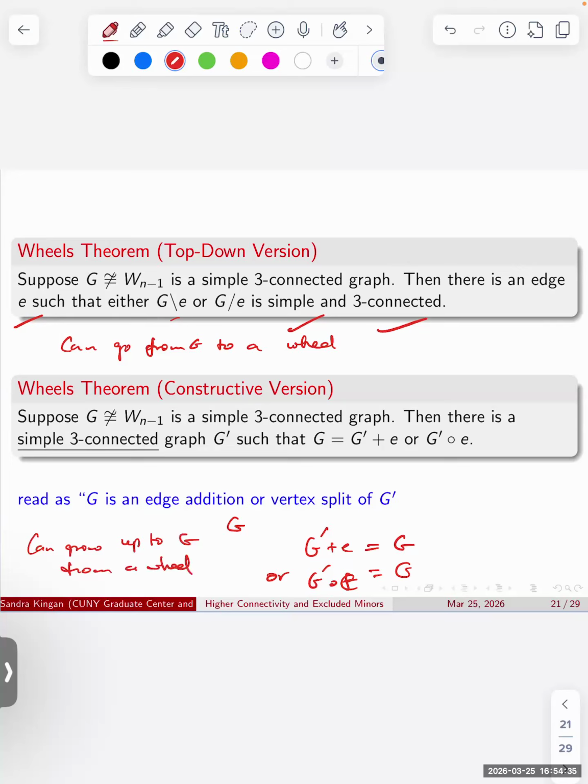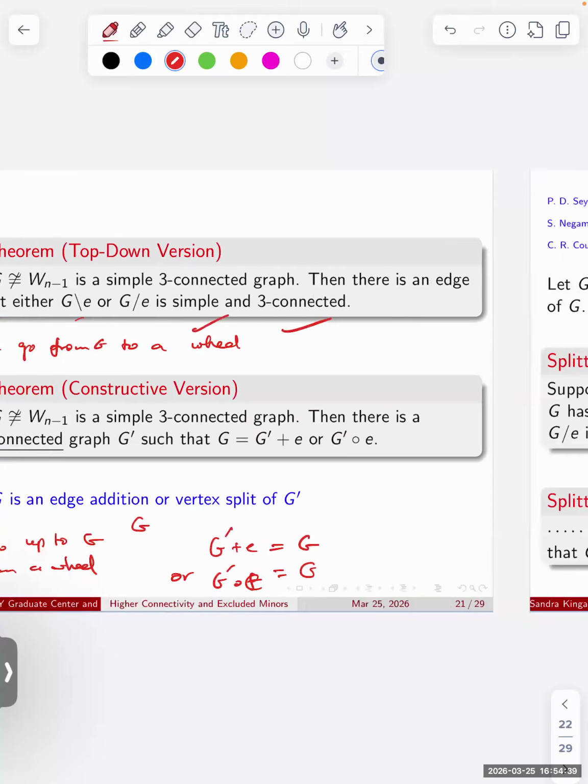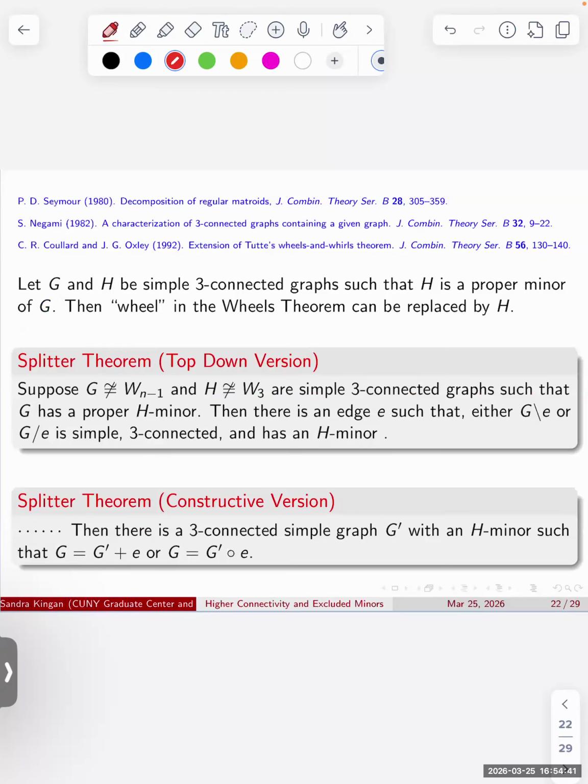How do you grow? You grow by adding edges and splitting vertices. All right, so this is where we stopped, I think, in talk 2. And I hope that seeing it all together fills in some of the gaps, because we were really down in the weeds in talks 1 and 2.